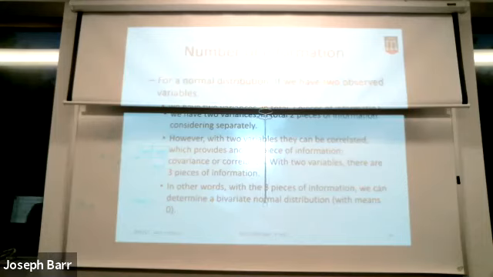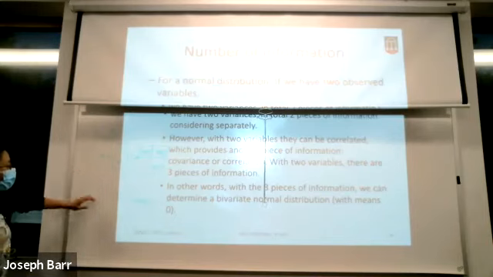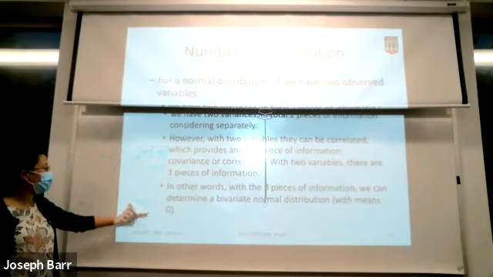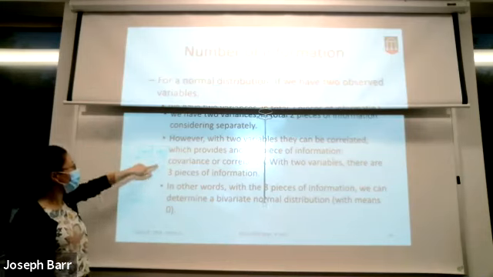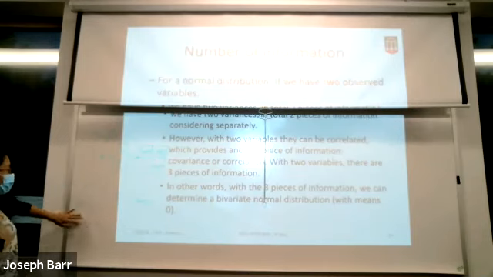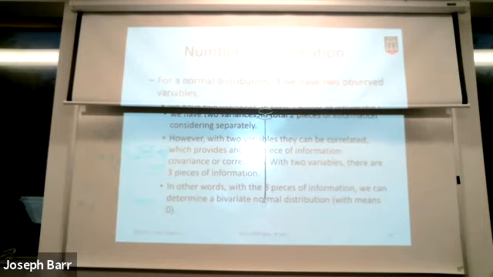If we only have 1 variable, we only need 1 piece of information. If we have 2 variables, we have 3 pieces of information. But how about 3 variables? What's the number?